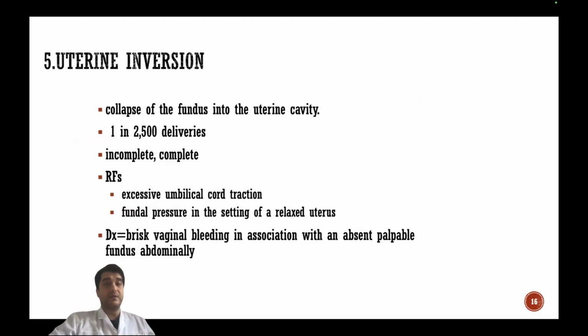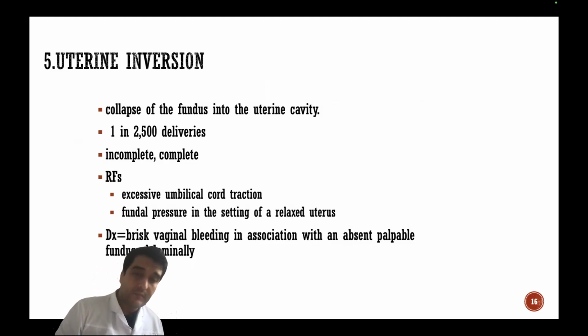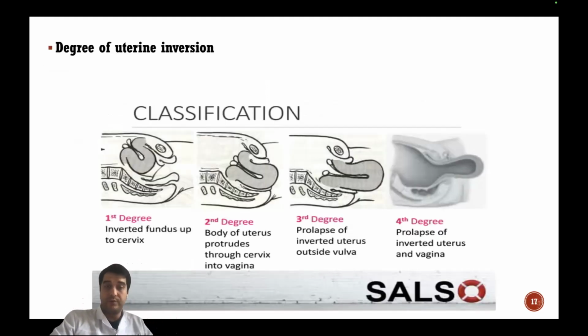Uterine inversion is a collapse of the fundus into the uterine cavity, 1 in 2,500 deliveries, incomplete or complete. Risk factors: excessive umbilical cord traction, fundal pressure in the setting of a relaxed uterus, brisk vaginal bleeding in association with an absent palpable fundus abdominally.